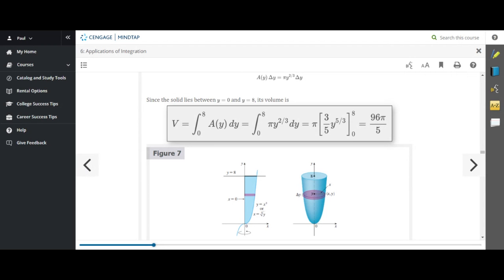But now with the example we're looking at, the volume that we're finding, and I can shade it again, is the volume found by taking this region and rotating it about the x-axis.